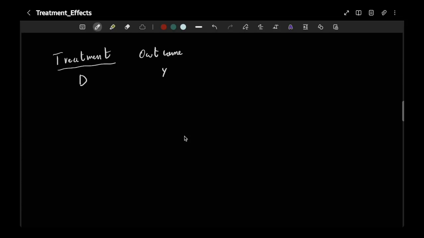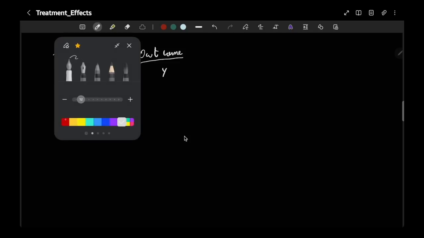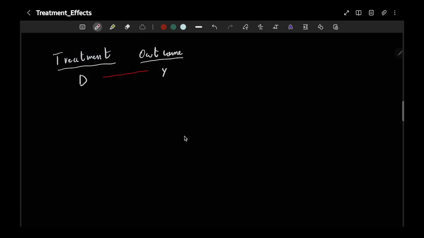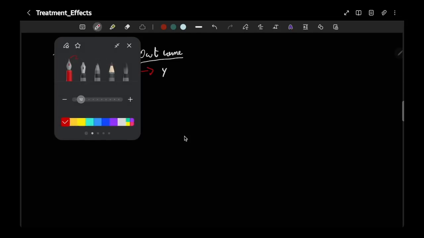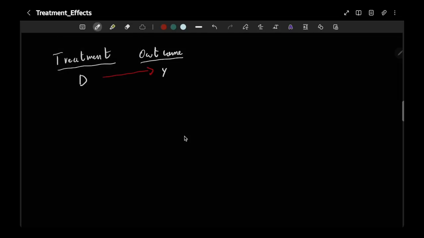Basically, what we want to understand is the effect of a treatment D on an outcome Y. For us, a treatment could be earning a master's, or watching a specific TV channel, or owning a dog.